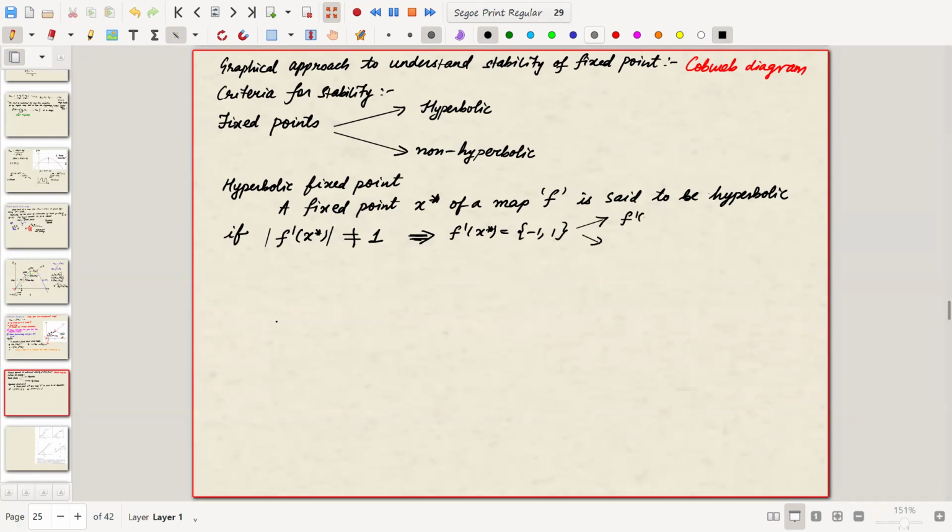What happens if f prime of x star equals -1? What happens if f prime of x star equals +1? These two cases will be dealt with separately. So now you know what is a hyperbolic fixed point. If a fixed point doesn't satisfy this condition, then it is a non-hyperbolic fixed point.